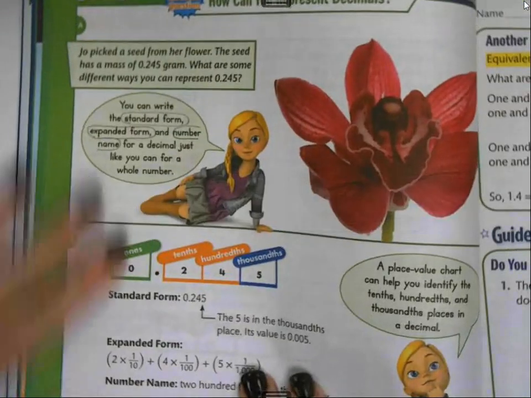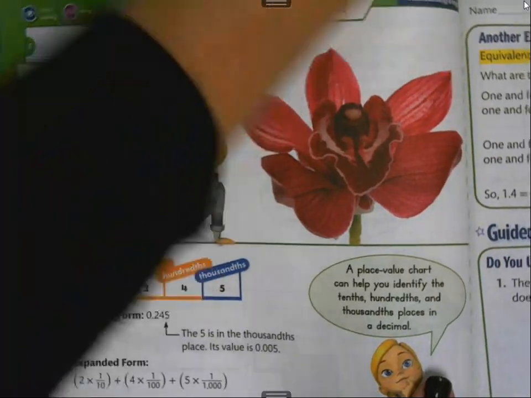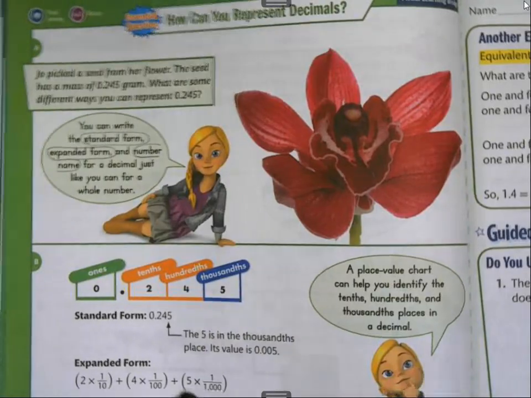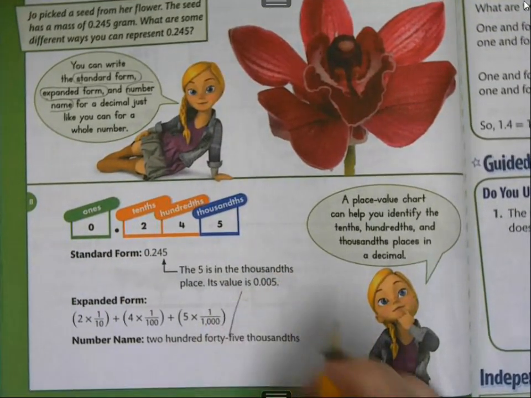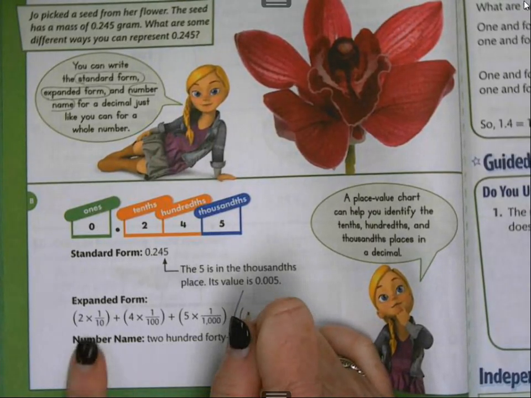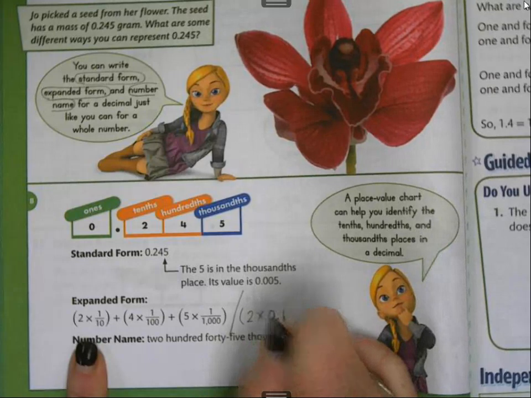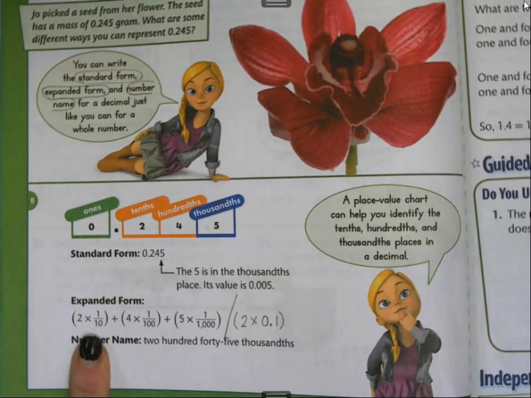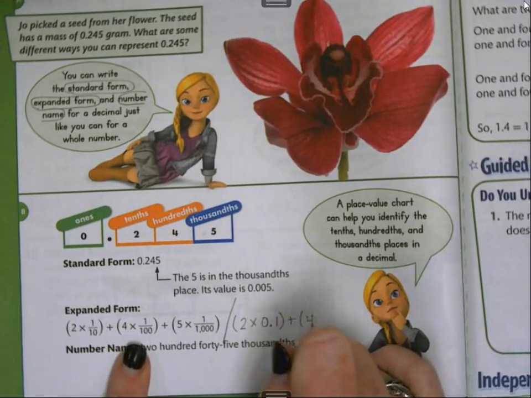I also want you to recognize you don't have to write the decimals with the fractional form. Another way to write this number in expanded form would be to take the 2 and multiply it times 0.1. Isn't that how we would write 1/10? And we would add it to the 4, which is in the hundredths place.